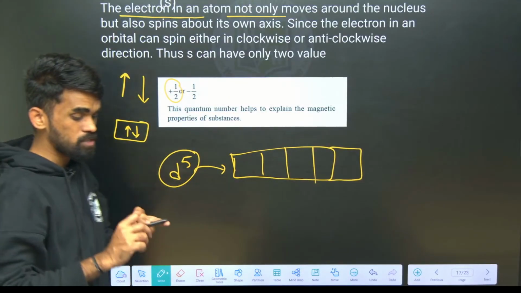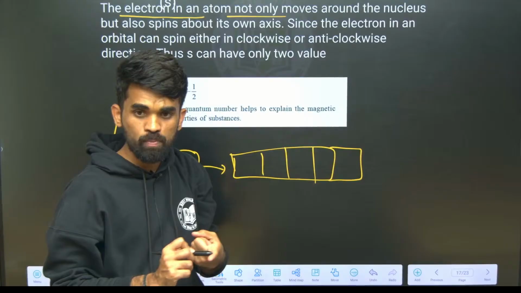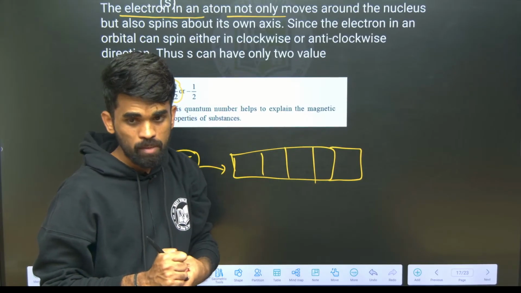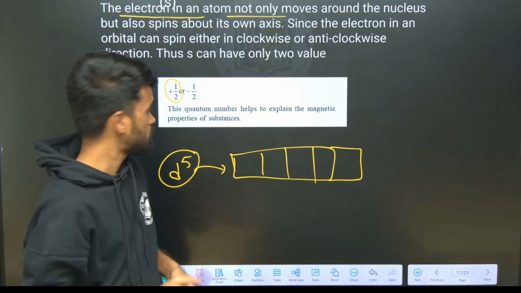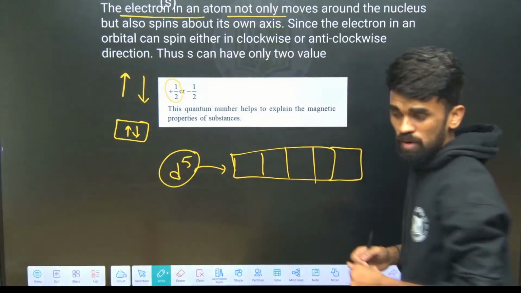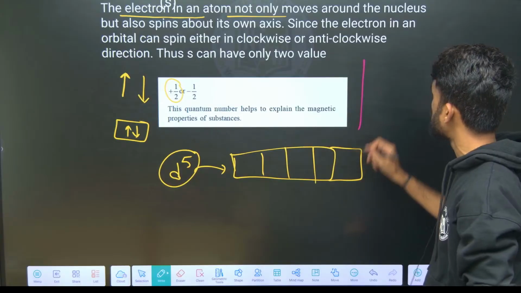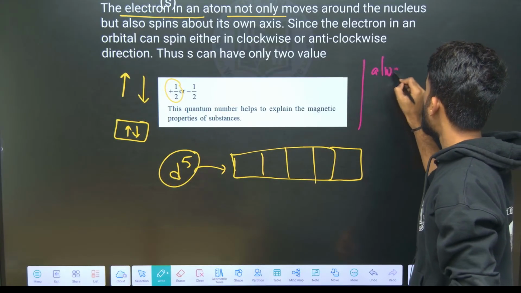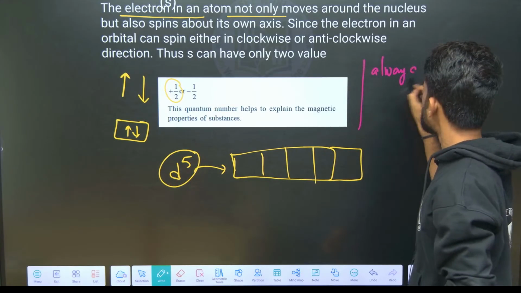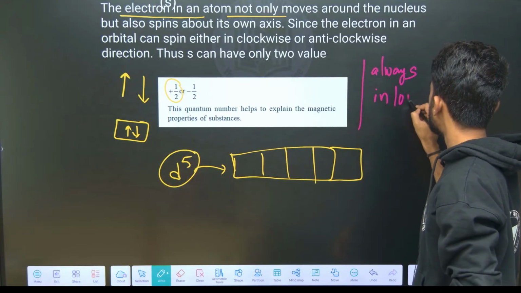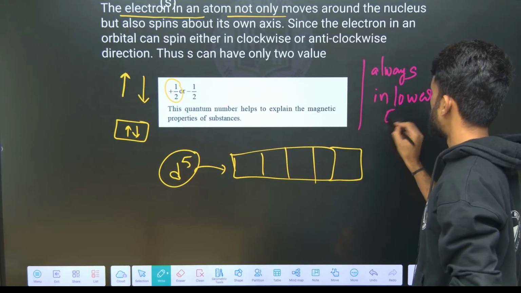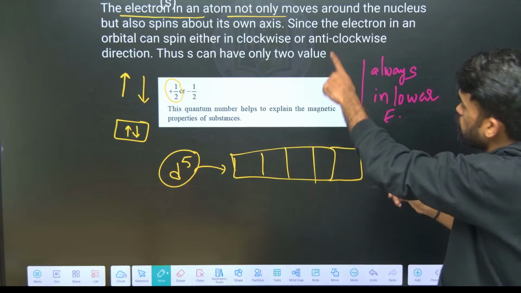One is Hund's rule, another is the Aufbau principle, another is Pauli's exclusion principle. What is this Aufbau principle? Whenever you are filling electrons while writing the electronic configuration, always fill electrons in lower energy first. It means what we have just discussed.